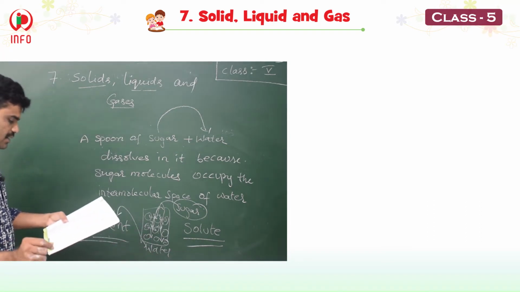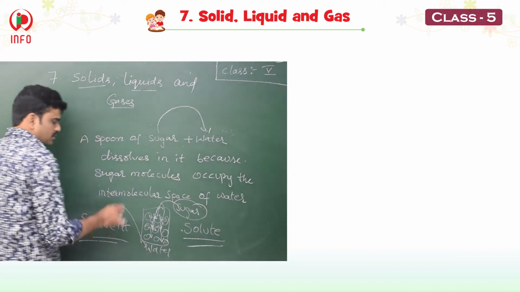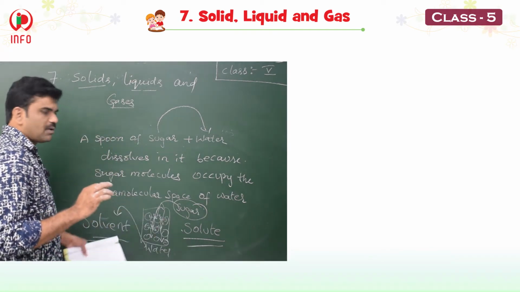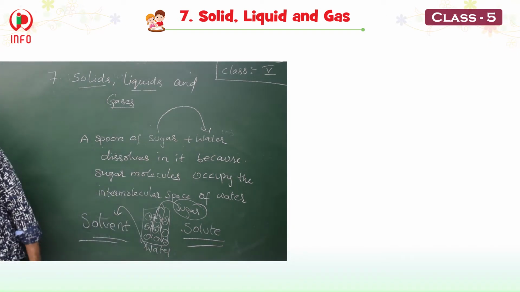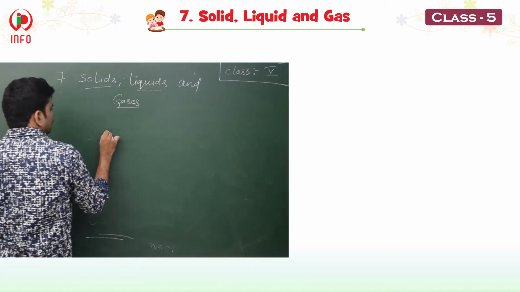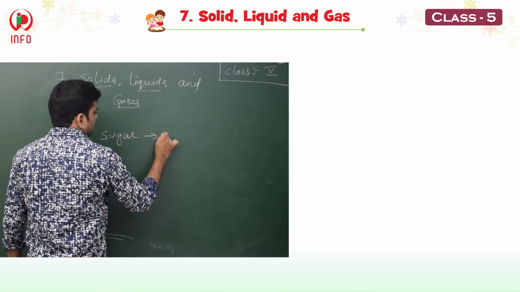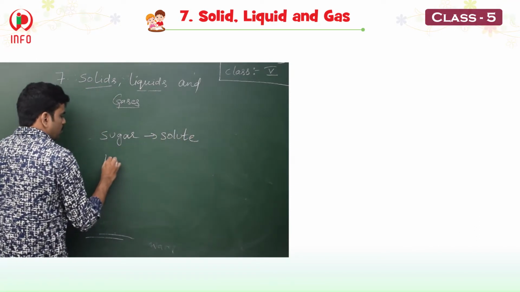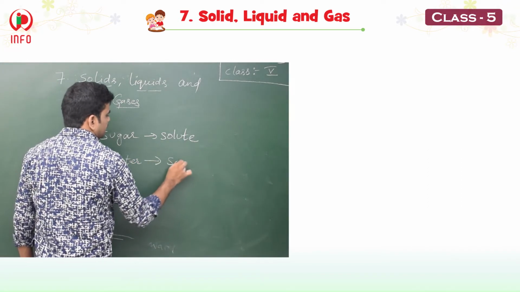And here, both the substances, solute plus solvent, sugar plus water, make sugar solution. Solute plus solvent is a solution. What is the solute? Sugar is the solute and water is the solvent.